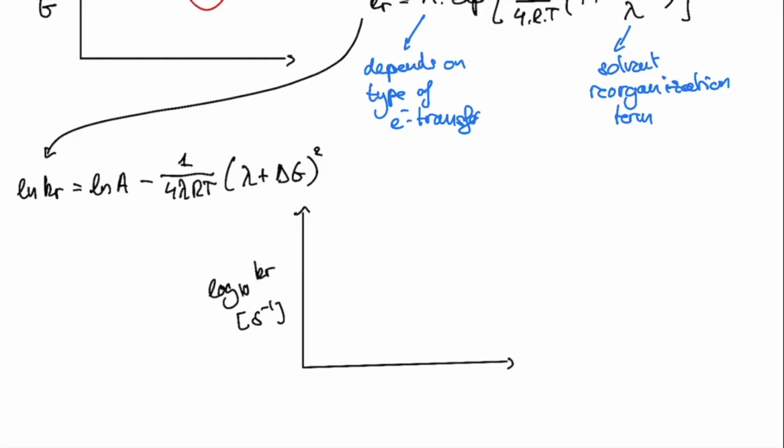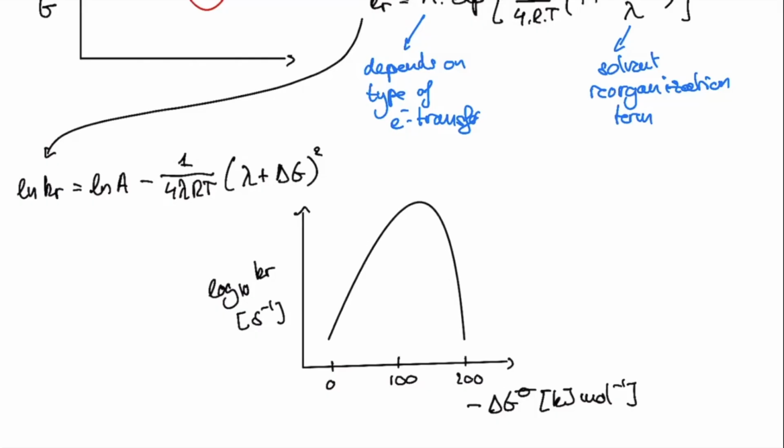And here I put minus delta G in kilojoule per mole. I put 0, 100, 200. What's strange about this?